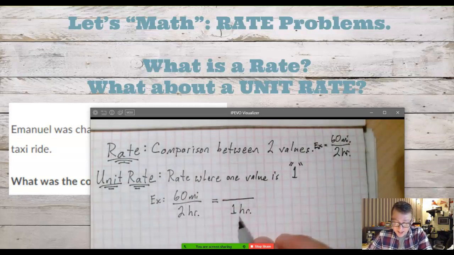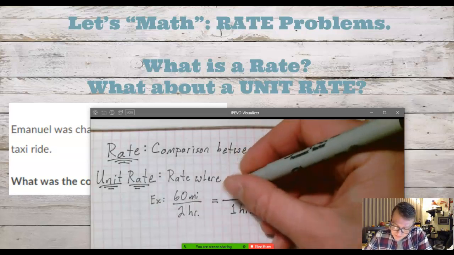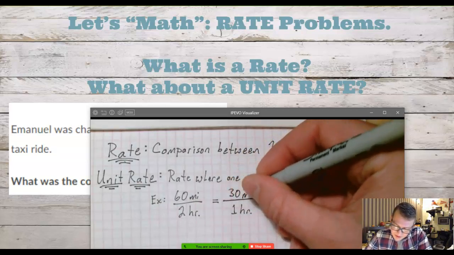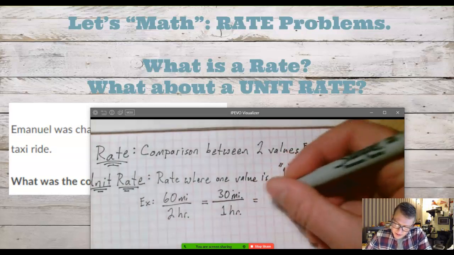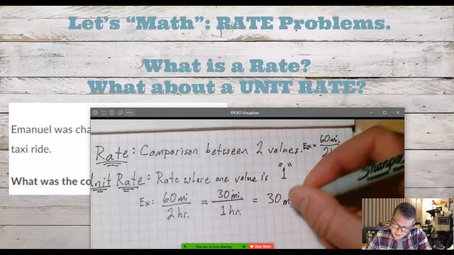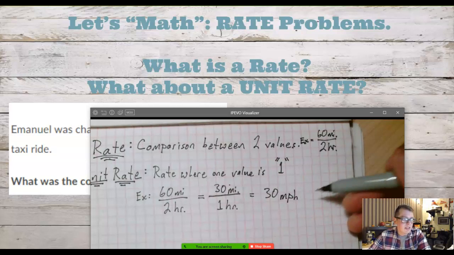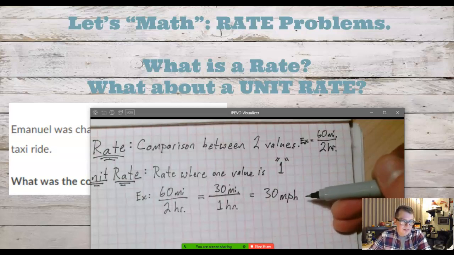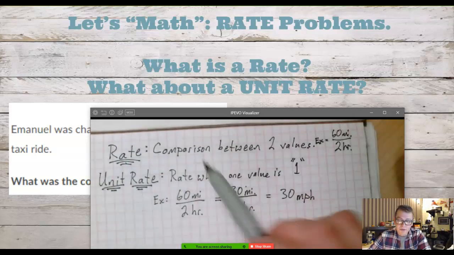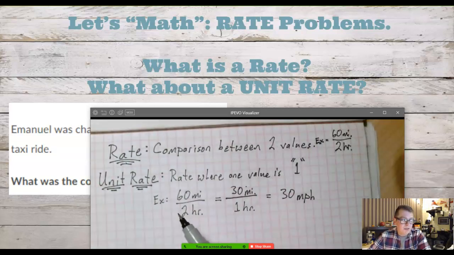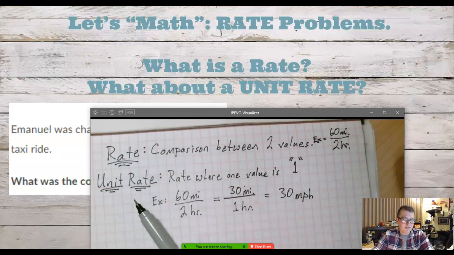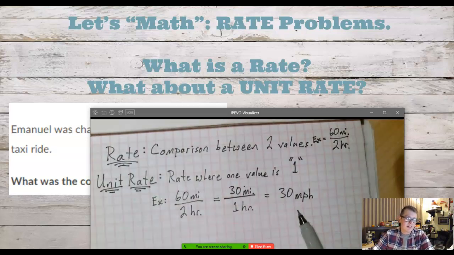Yeah, divide by 2, right? So if we divide by 2, this becomes 30 miles. So 30 miles per hour would be the unit rate that vehicle is traveling. So a rate just compares two values, but a unit rate wants us to take it down to per 1 of something.